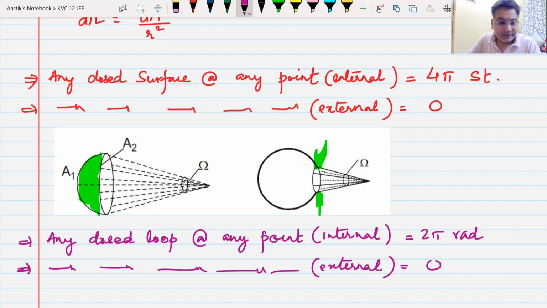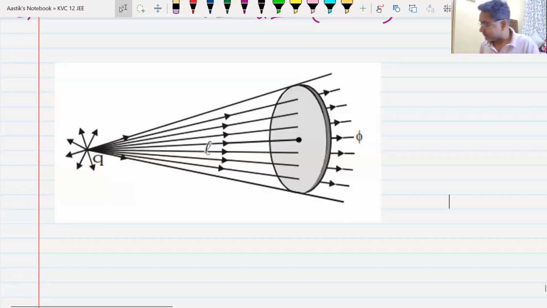Now, what do you see here? It is a disk. Disk is a two-dimensional object. Yes or no? Now, this diagram is given for dual purpose. It has two purposes.